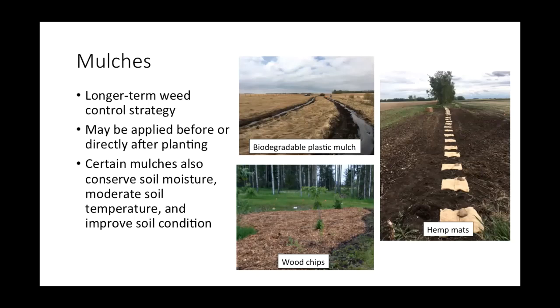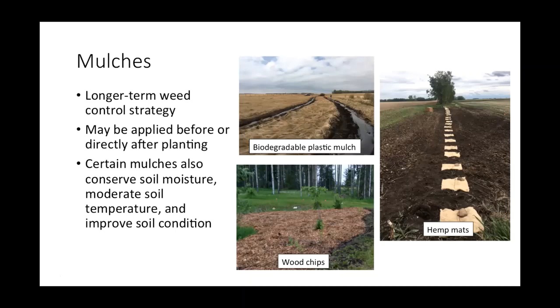You can try to keep the soil black around all the seedlings, but the weeds grow right around it, so having that suppression is important, whether that's biodegradable plastic mulch, which we've started to use a fair bit, wood chips, or hemp mats, woven hemp fiber, recycled material. Those provide decent weed suppression. With wood chips, you start to see things growing through earlier than the other ones, and you have to reapply and stay on top of it.